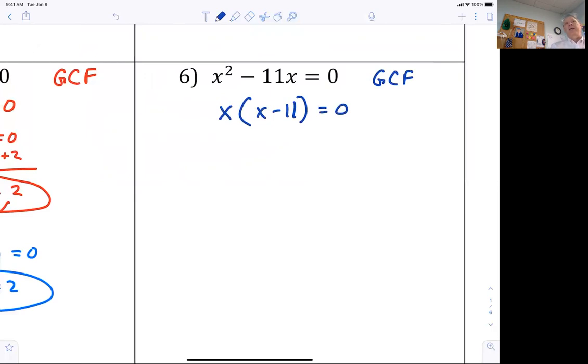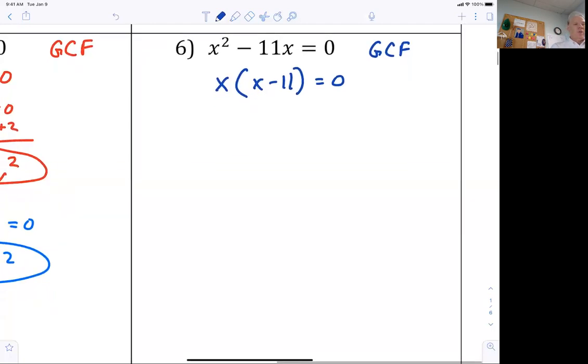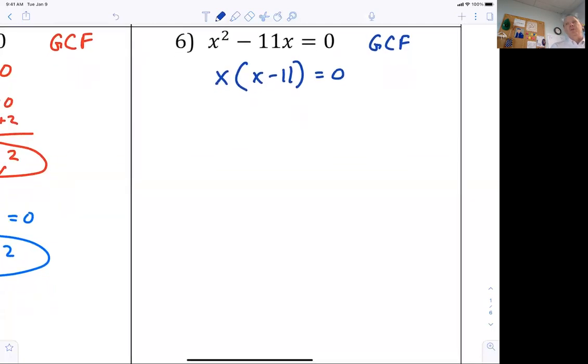Now, again, I'm not kidding. If you're slow here, that just means you haven't been doing the factoring worksheets. That's all it means. You should be able to zip through this page pretty quickly. So now you're supposed to set the individual factors equal to 0.